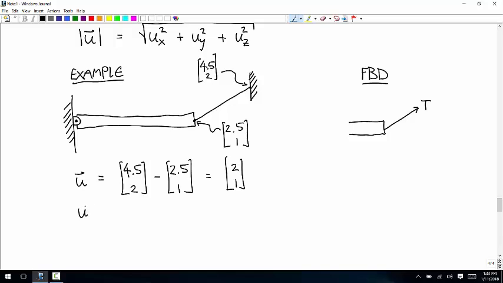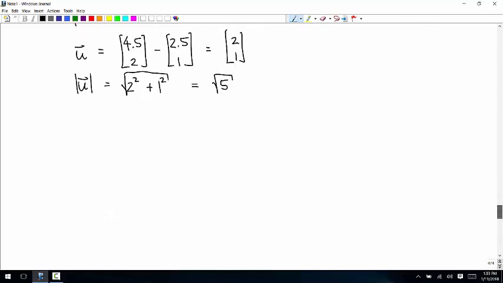The magnitude of this vector is the square root of 2 squared plus 1 squared. So root 5. And so the unit vector is 1 over square root of 5 times the vector 2, 1, which is 2 over root 5, 1 over root 5.